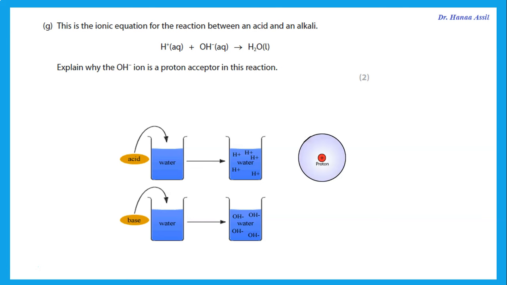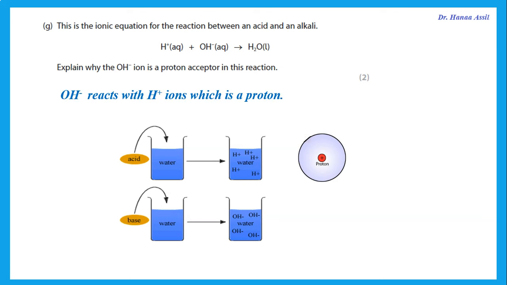This is because the H plus ions from the acid, you know that hydrogen atom is something that has one proton in the nucleus and one electron in the first energy level. But if we say H plus, that means the hydrogen has lost the electron in the first energy level, so it is something that has only a proton in the nucleus, so it is referred to as a proton.